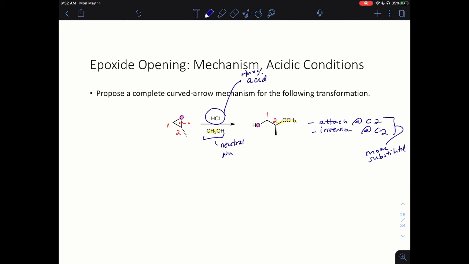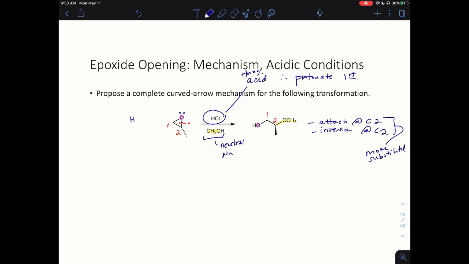Okay, let's go ahead and get started. So if there's a strong acid, we're going to protonate first. Under basic conditions, I said absolutely do not protonate first. There's no reason to do that. Well, under acidic conditions, there is, because you have a strong acid.